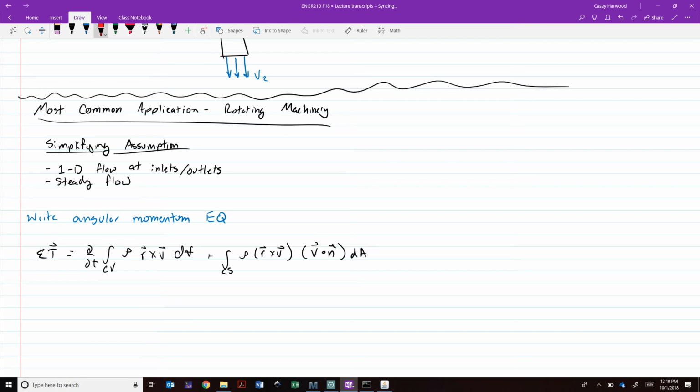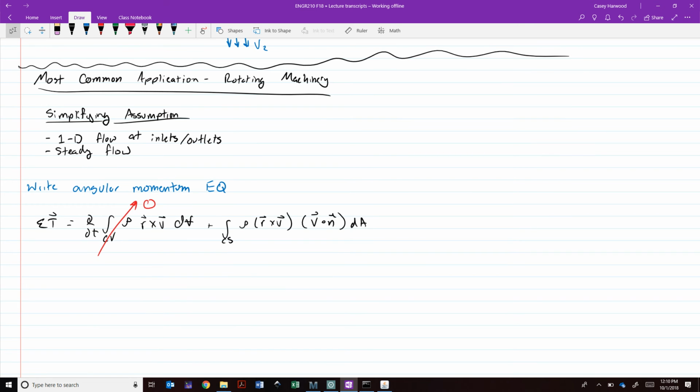We said that we're going to assume it's always steady flow, so this goes to 0. And so we can split this second term into the integral over the inlet of rho r cross v, v dot n dA, plus the integral over the outlet of the same integrand dot n dA, and this is where the first assumption is going to help us so much.